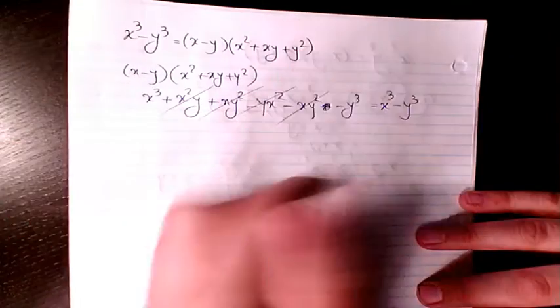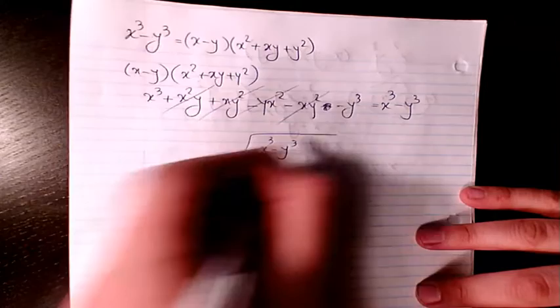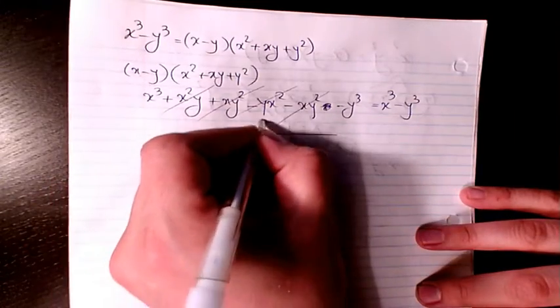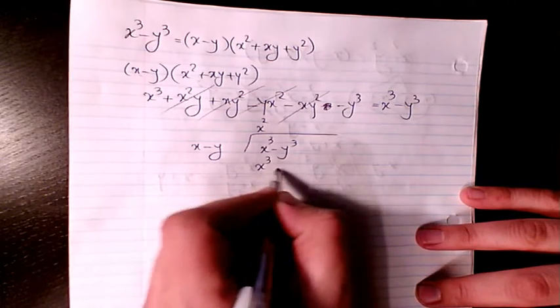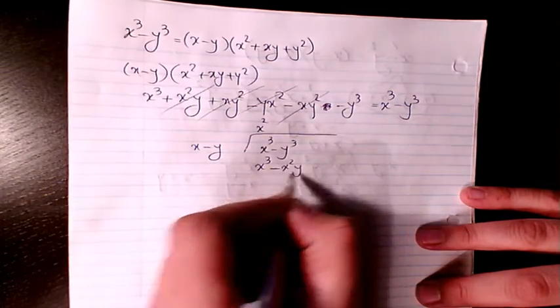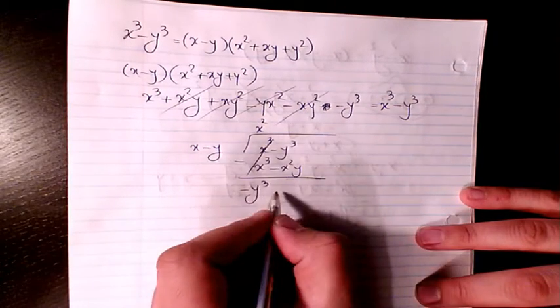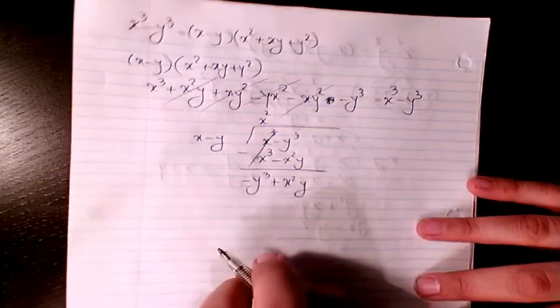Now from this side to the other side, we have x cubed minus y cubed divided by x minus y. So the first thing I need to use is x squared. x squared times x is x cubed, minus x squared y. Negative, these two cancel out, negative y cubed minus negative, so it will be positive x squared y.